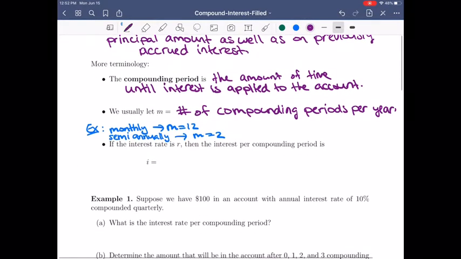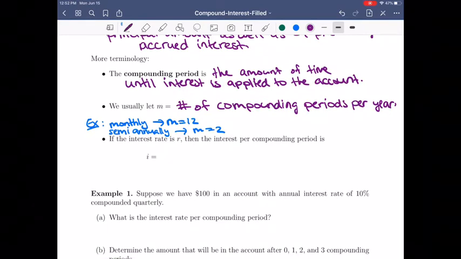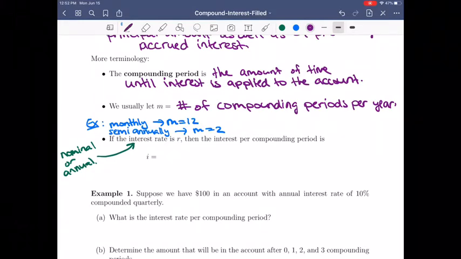Then the interest rate, R, is always given as a nominal or annual interest rate. So when you compound more, you don't get that rate every time. You actually get a portion of the rate each time. So when you have a compound interest account, you need to use the interest per compounding period.